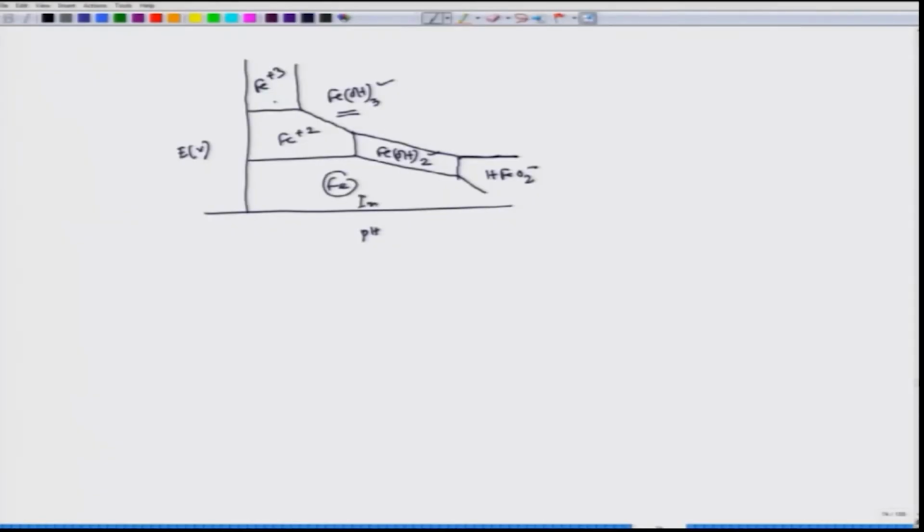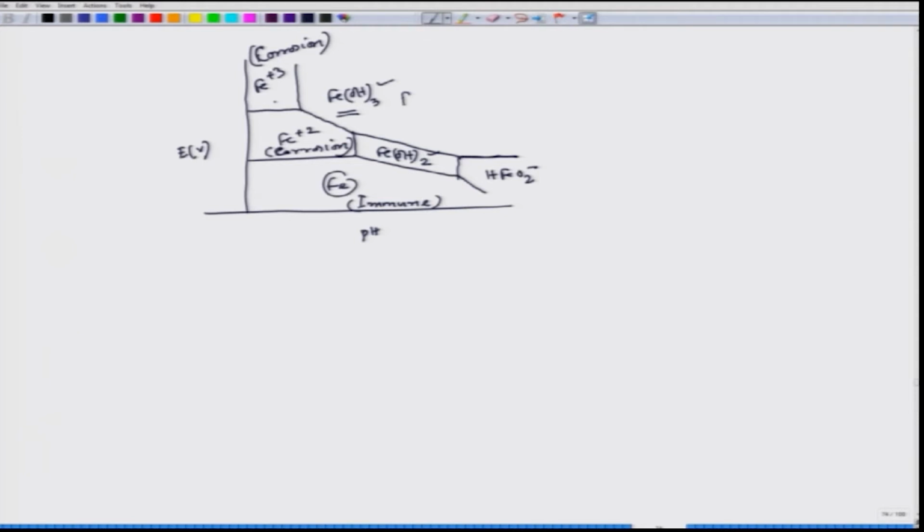So, this region is definitely immune zone. This is Fe plus 2. So, this is corrosion. This is also Fe plus 3. So, this is also corrosion. That means, whenever we have metal ion formation in the stability zone of this Pourbaix diagram, we have to say that metal ion is forming, so corrosion is taking place.